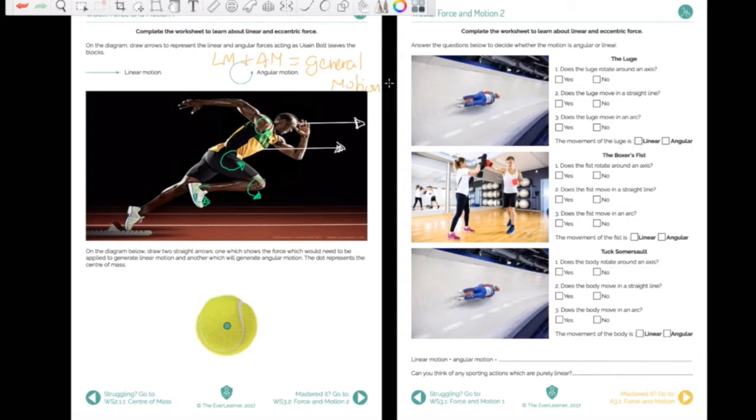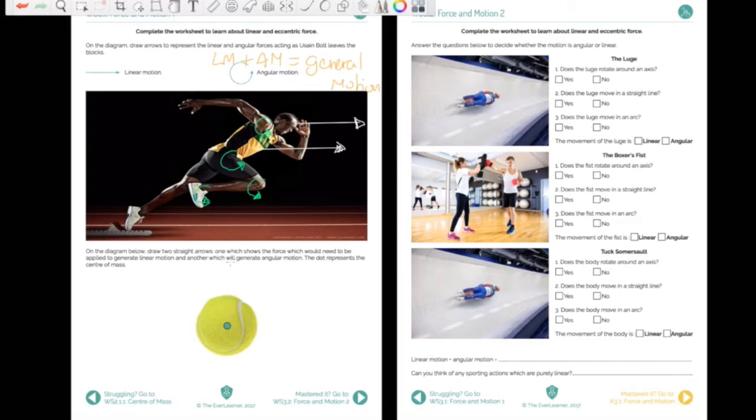And just so you're aware, there probably aren't any examples in reality where we don't get general motion. In almost all cases, bodies move with a combination of linear and angular motion, so we tend to find the general.